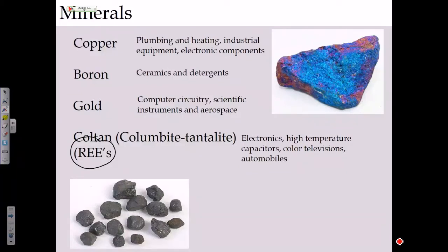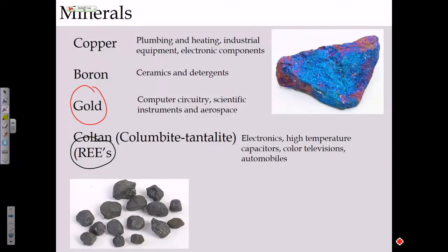We have things like gold. Gold is a mineral, believe it or not. It's what we call a native element. It exists both, in some cases, in minerals, but as a mineral itself. Right? By itself, it will exist naturally.